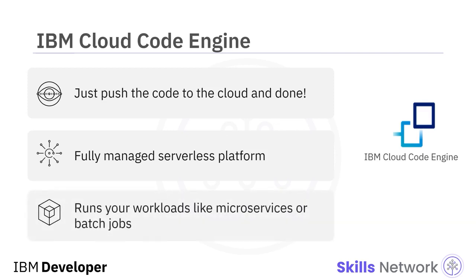IBM Cloud Code Engine runs your workloads, including microservices, web apps, event-driven functions, or batch jobs. If you have built a microservice, you can run it as an IBM Cloud Code Engine application to serve incoming HTTPS requests with an intuitive user experience without managing your infrastructure easily.